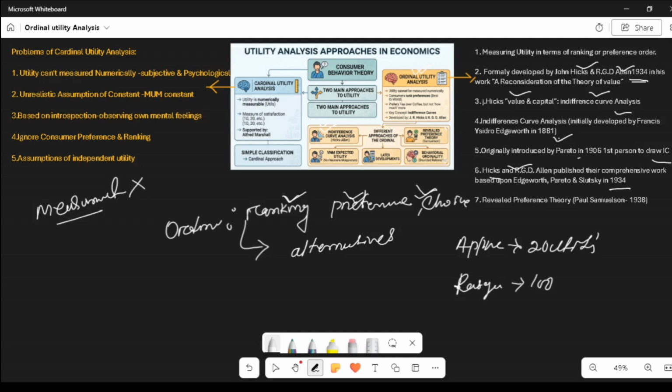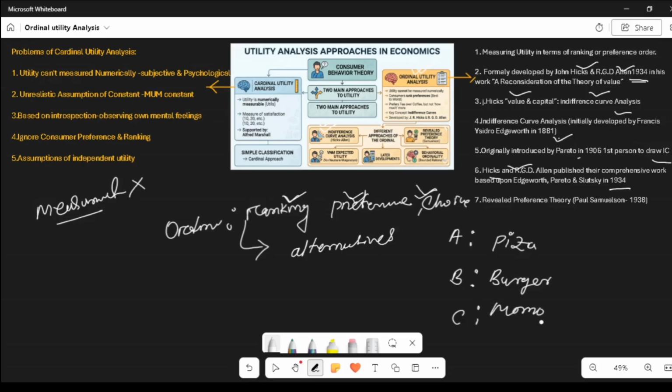So it is a mental feeling, so we can't measure that. But while we are talking about ranking and preference, suppose we take an example. Suppose we have different consumption bundles: consumption bundle A, consumption bundle B, consumption bundle C. Suppose this is pizza, this is burger, this is momo.